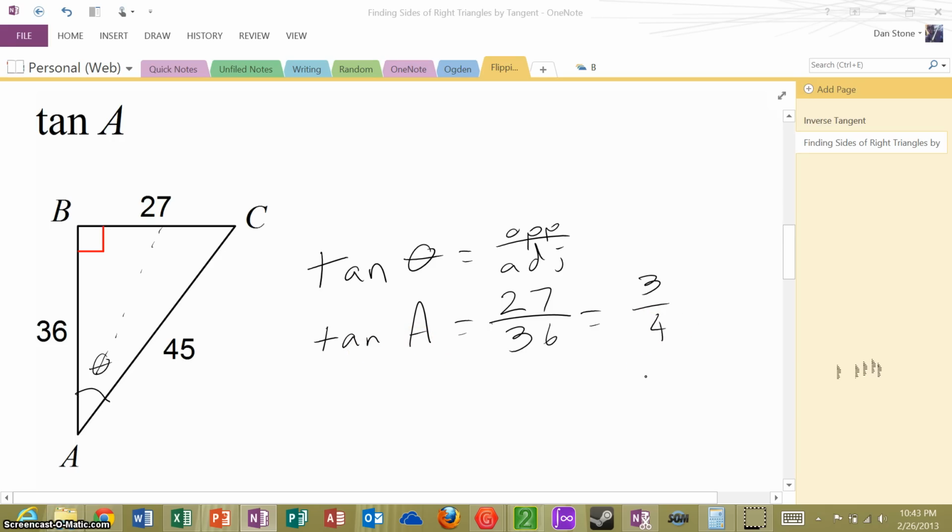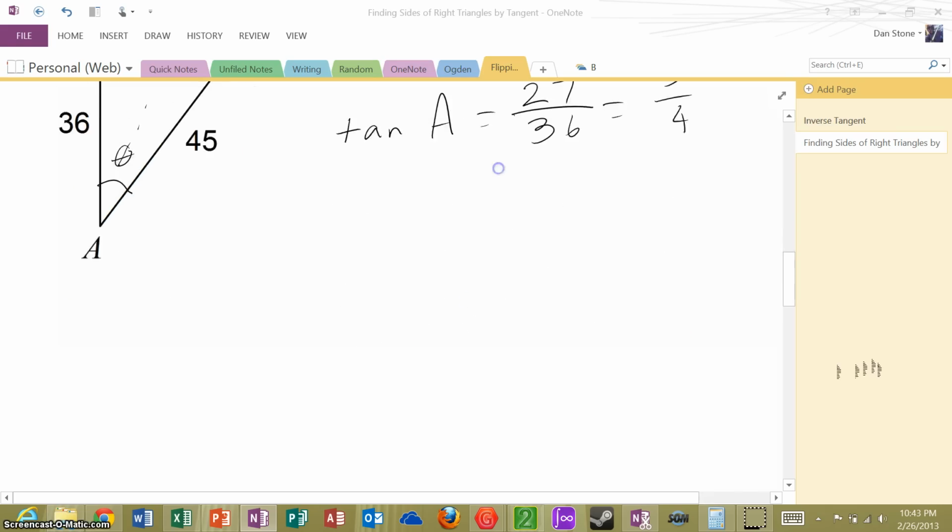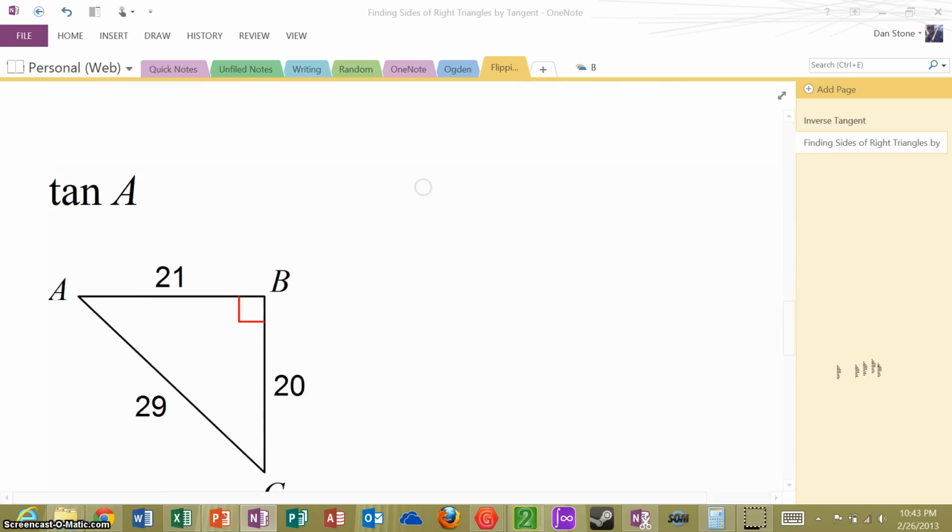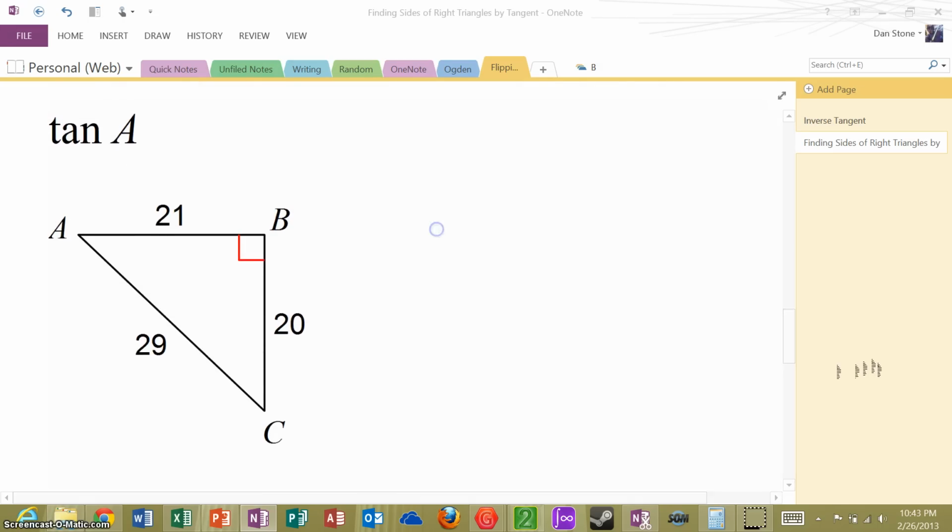We are done. Let's try another one real quick. Tangent of angle A. Where is our angle A? Right up here. We'll call that theta. I just like calling it theta. Looks so nice and Greek lettery.